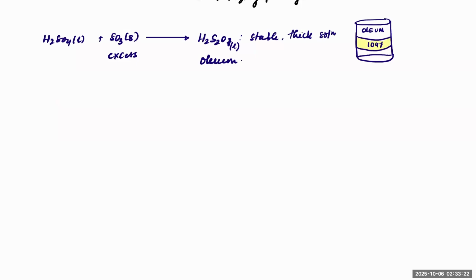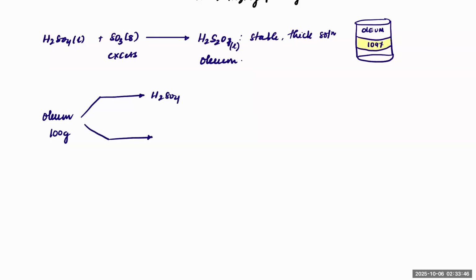So what is happening here? Imagine I took 100 grams of oleum. This is the research wing. On the industry's other end, there is a research wing where they took this 100 grams of oleum. In that 100 grams of oleum, what is the quantity present?